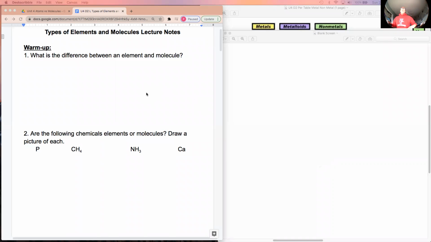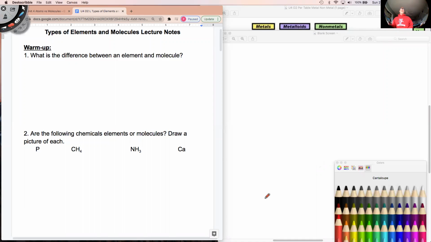So an element, ladies and gentlemen, would be one atom. Just kind of like boom, an iron atom. Boom, that would be an element. A molecule is made up of two or more.